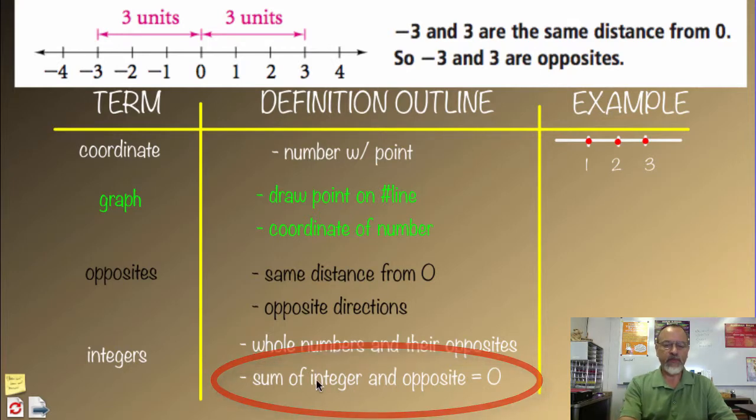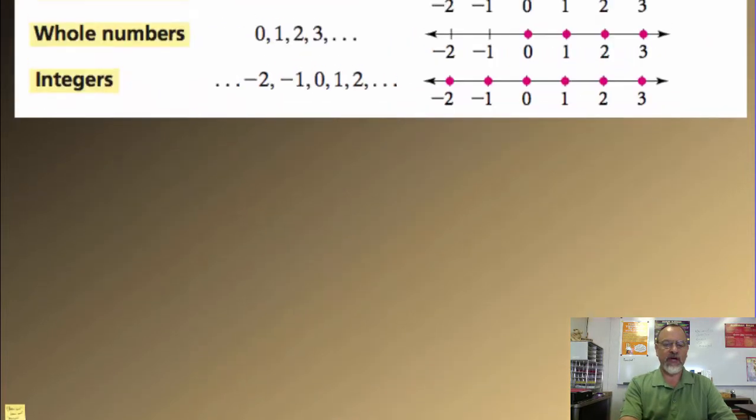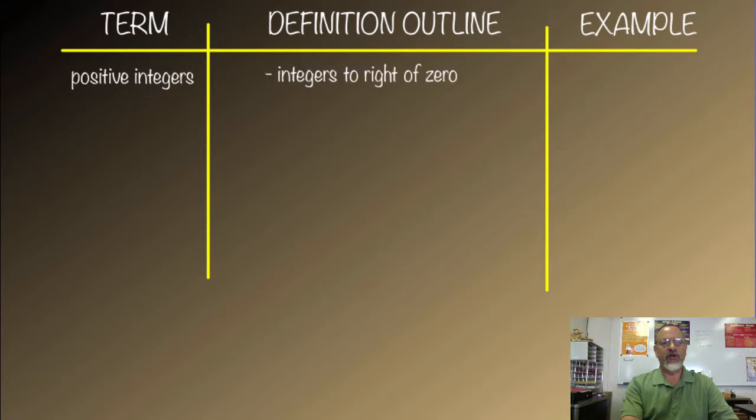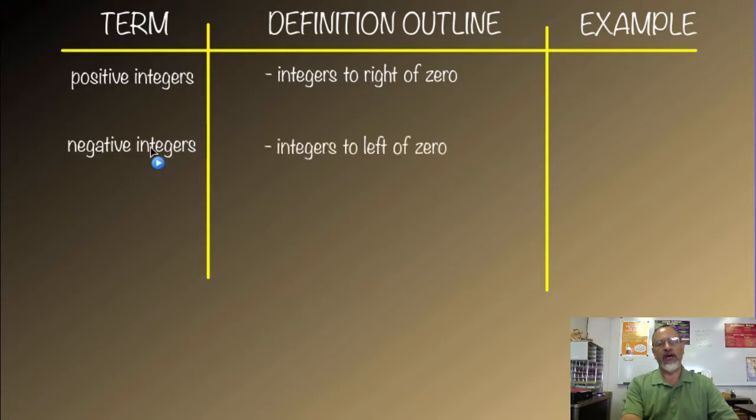All right. A couple other things we want to talk about before we end this video and then move on to comparing numbers. The positive integers are always going to be to the right of the number 0. So you find 0, you look to the right, those are your positive integers. You look to the left, and you have your negative integers.